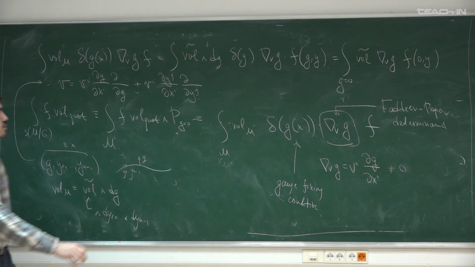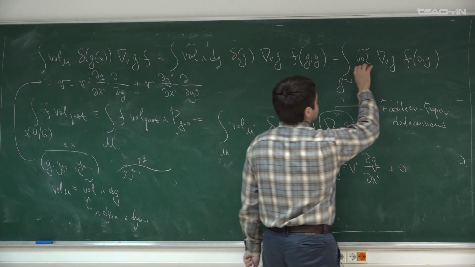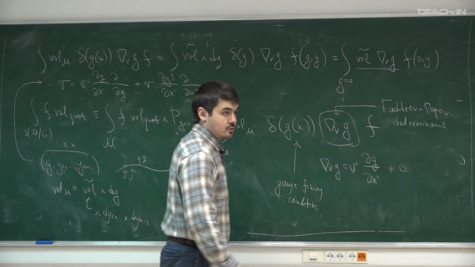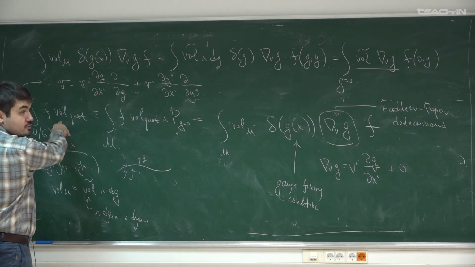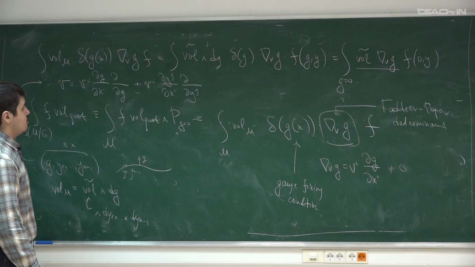Why do we do that? Because we want to compare this volume form with the quotient volume form that we had before, right? We're trying to prove that this is equal to this.